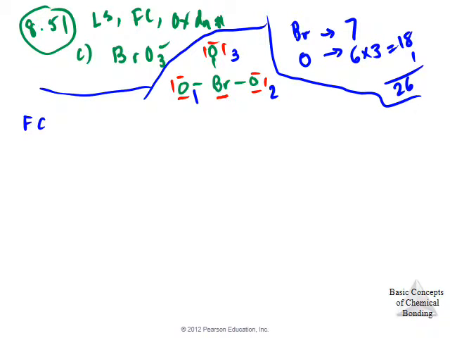Formal charge. Oxygen is supposed to have 6 because that's the valence electrons. Now let's find out in oxygen 1 how many would be the assigned electrons. 2, 4, 6 are solely on oxygen 1, not being shared with any other element. And then it gets 1 from this bond. So that's 7. It is supposed to have 6 valence electrons, but here it has 7, so it gained 1 extra electron.